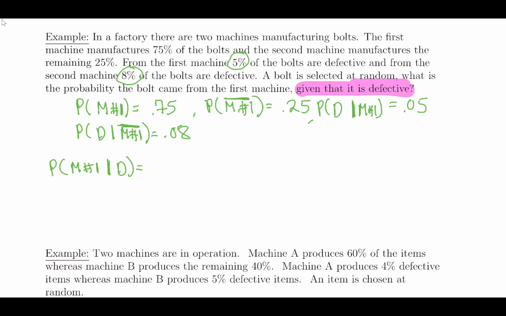So we're just going to use the formula. For the formula on top, you want to put the probability it came from machine number one, and we're going to multiply that by the probability that it's defective given it came from machine number one.